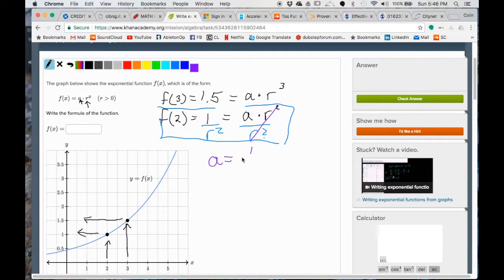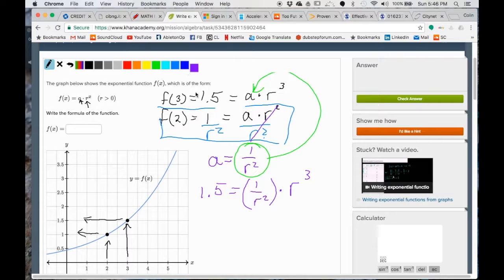We can take that and plug that in for a in the other one, since we have 2 equations. And that will give us 1.5 equals 1 over r squared times r to the 3.